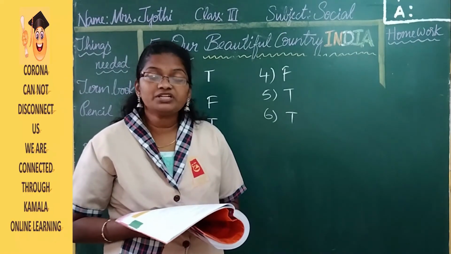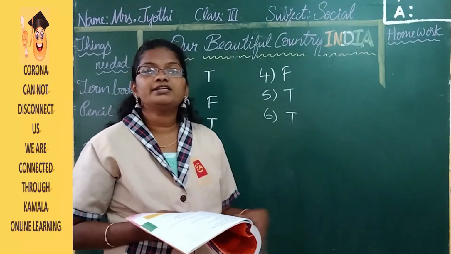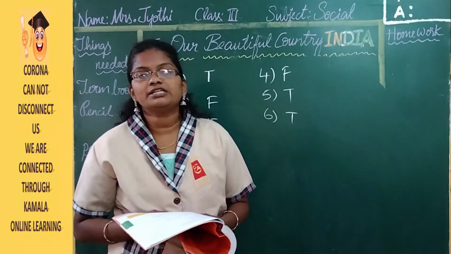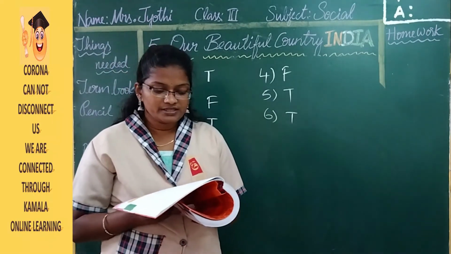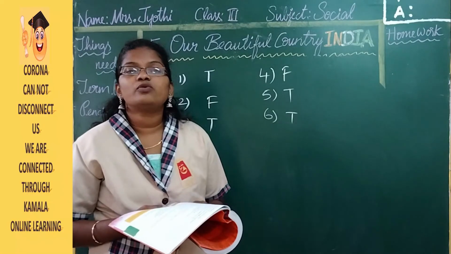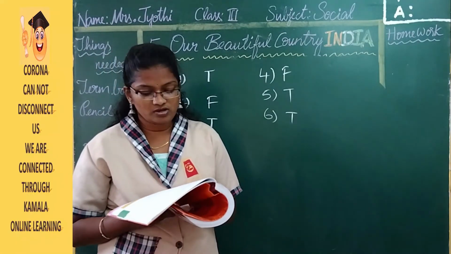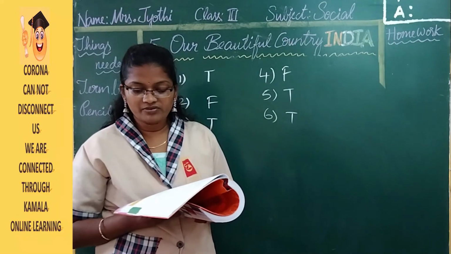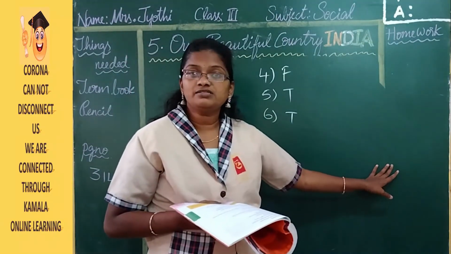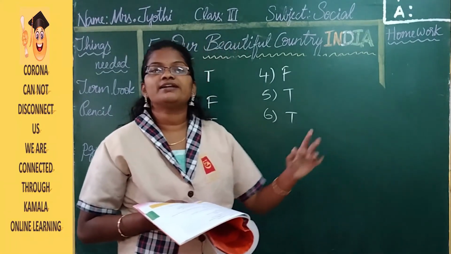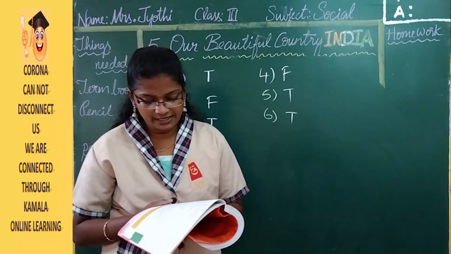Then the plateau region is rich in, the plateau towards the southern side, it is rich in the minerals, but it is very poor for irrigation and all. Deserts are covered with, so what are deserts covered with? They are covered with sand or soil. Dash islands are covered with dense forest. So the islands which are towards the Bay of Bengal, they are covered with dense forest. They are Andaman and Nicobar Islands.